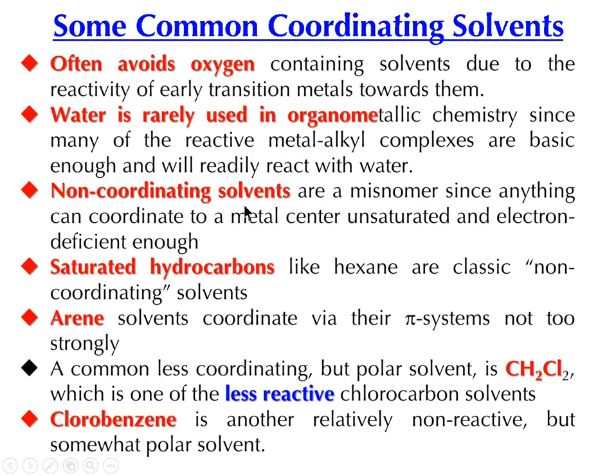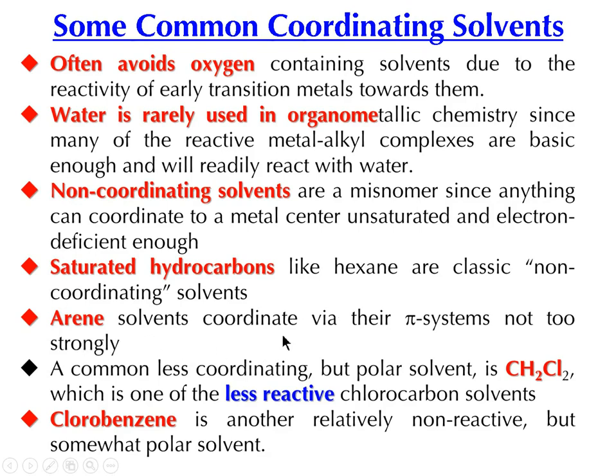In organometallic chemistry, we prefer to use non-coordinating solvents in order to avoid their addition to the vacant sites obtained by dissociation of a ligand. Saturated hydrocarbons like hexane are a classic solvent, but they are not coordinating. When using these solvents, we may face a problem, which is the solubility of the organometallic complex in hexane, for example.